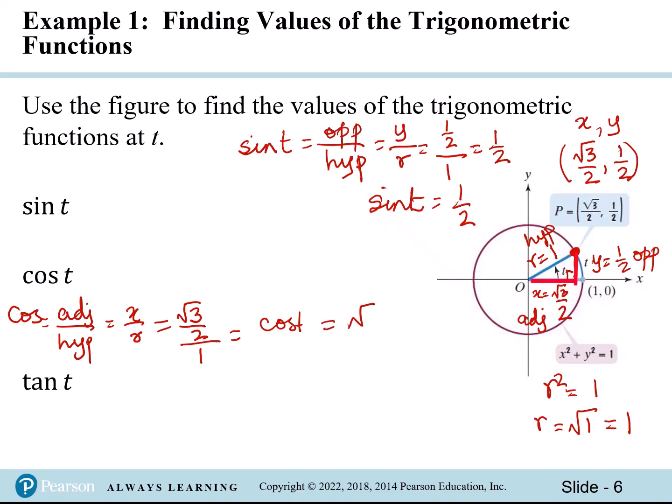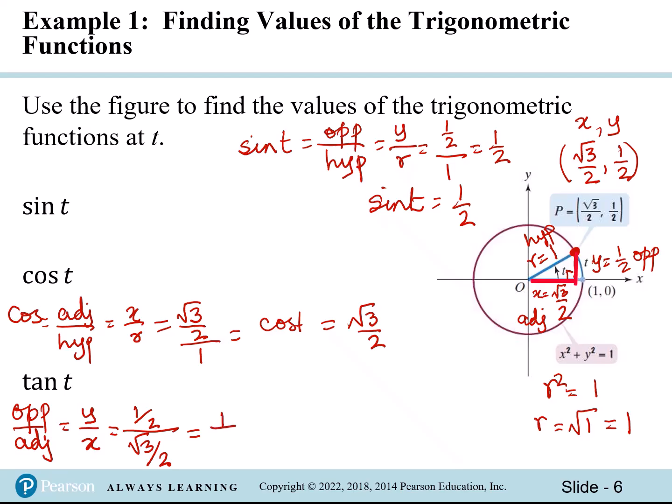And then we have tan of t, and that is defined as opposite over adjacent. So opposite side would be y divided by x. Y has a value of 1/2. X has a value of square root of 3 divided by 2, which gives 1 divided by square root of 3.